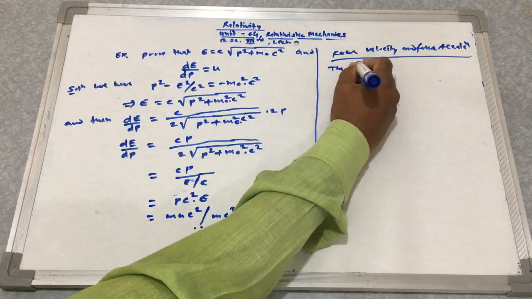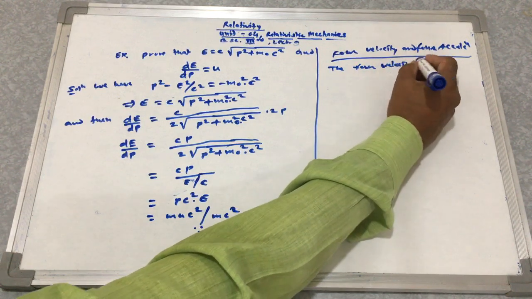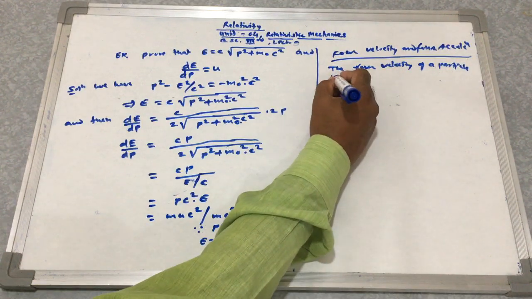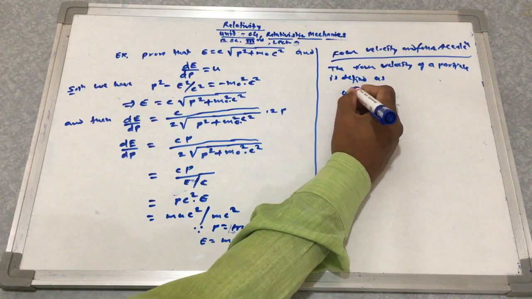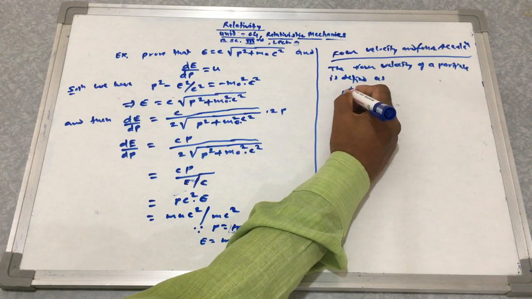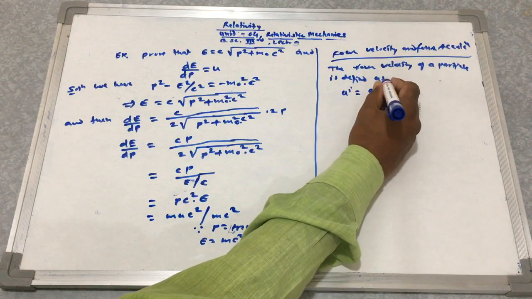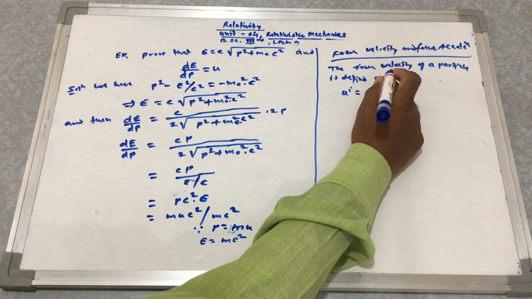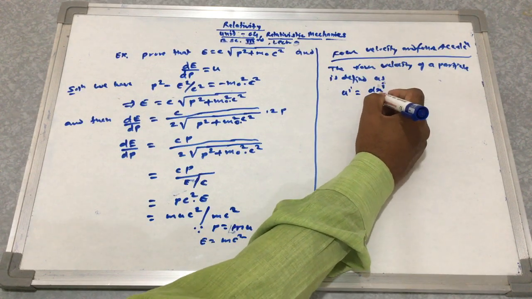So the four velocity of a particle is defined as u^i is equal to dx^i upon ds.